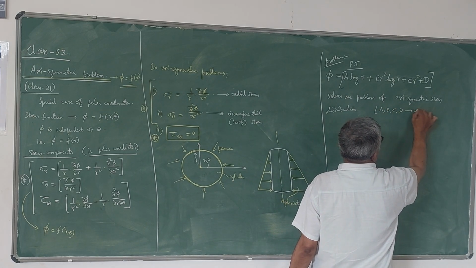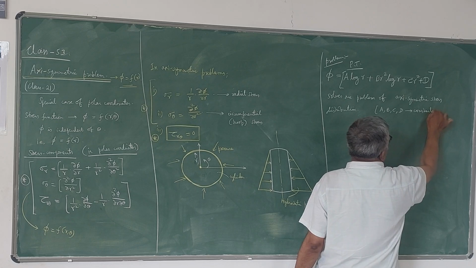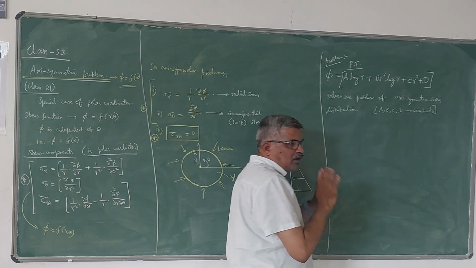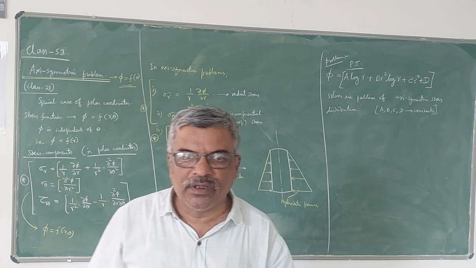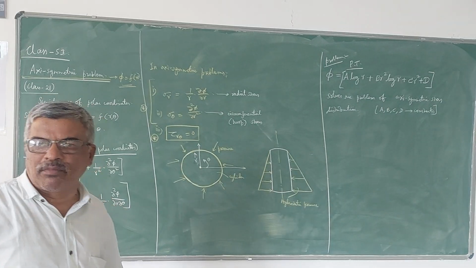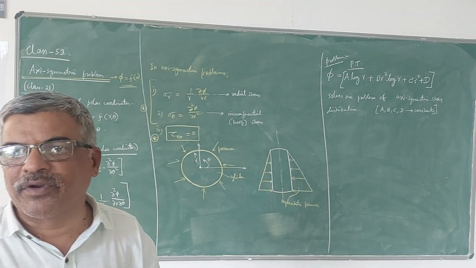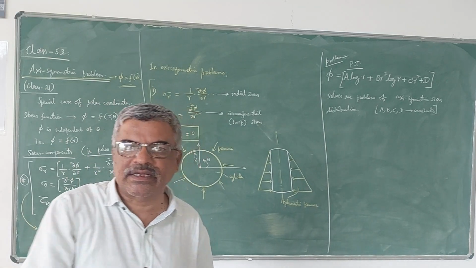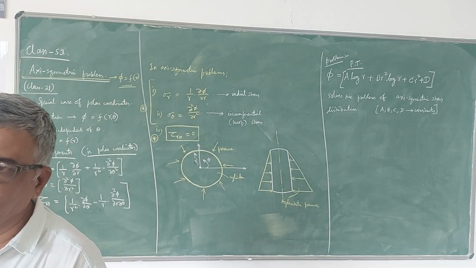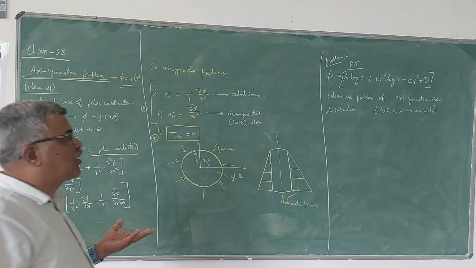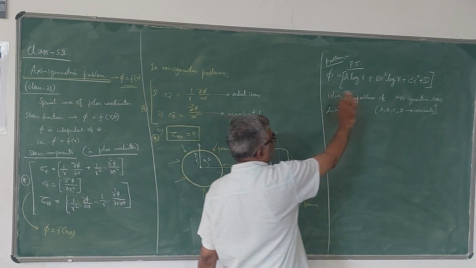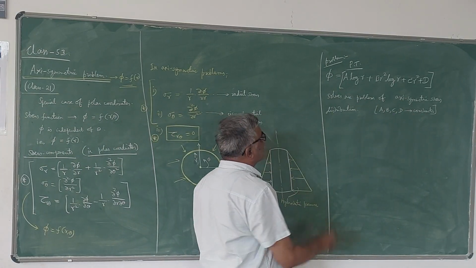Those constants are evaluated using boundary conditions. We are not worried about the boundary conditions now, because they vary from problem to problem. In a fixed cylinder problem you will have some boundary condition, in a rotating disc problem you have some other boundary condition. Now this is the general solution for an axi-symmetric problem.